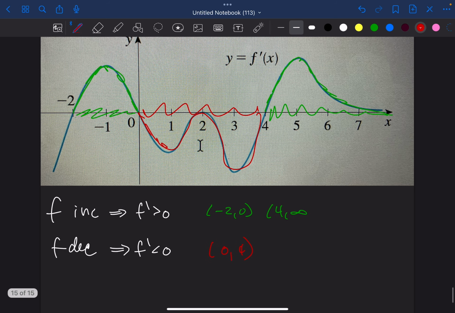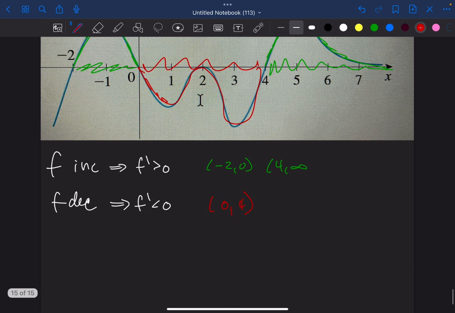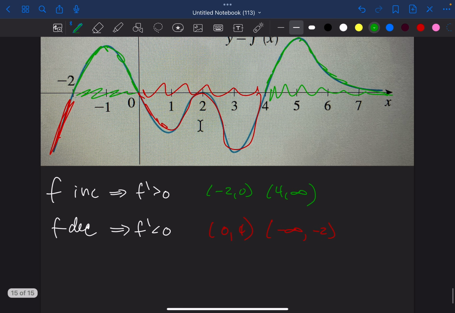Oh, we forgot one, didn't we? Over here, the derivative is also negative. So negative infinity up to -2 is also another place where the original function f is decreasing.